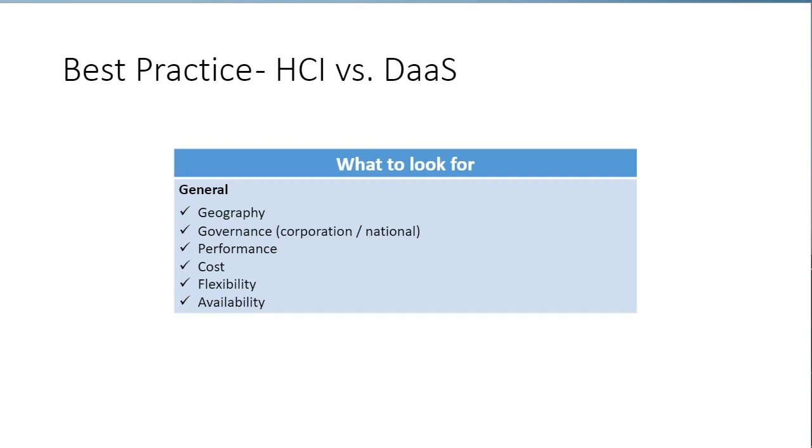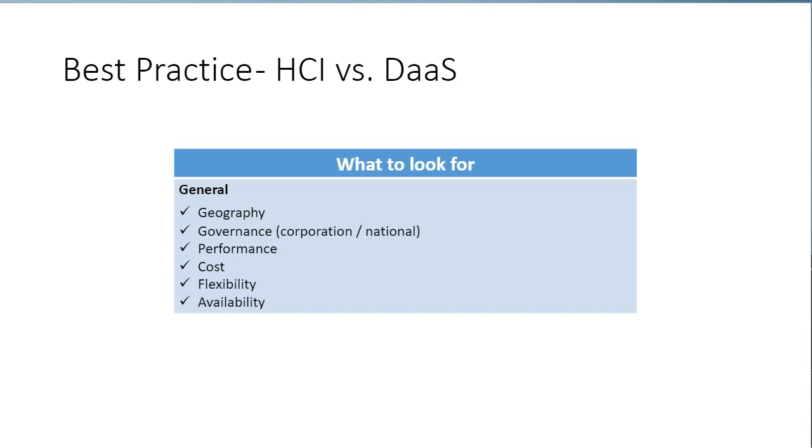Some nations, some corporations say that the desktops have to be located within a certain country in order to meet their corporate governance goals. There's clouds all over the world, but they might not necessarily be in the country that you're running in, so that might disqualify it.